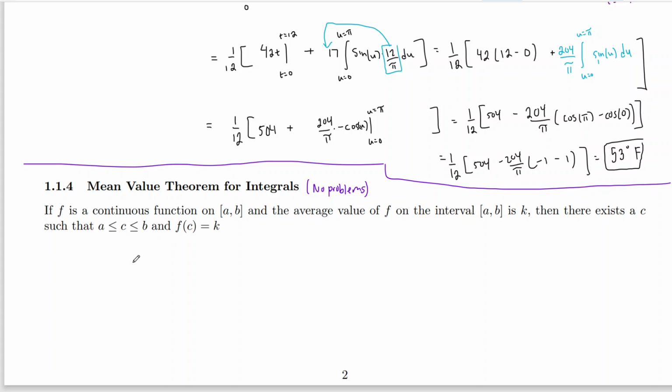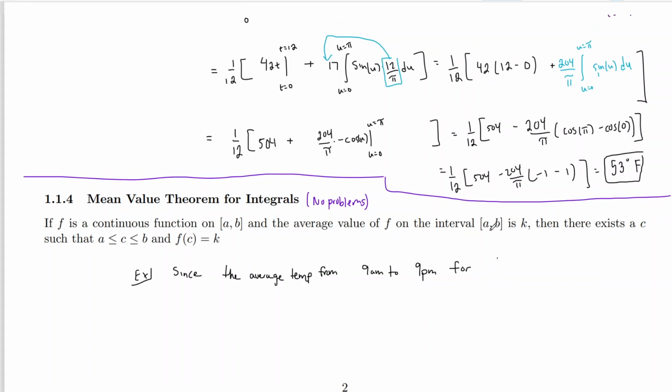Now, what does all this mean? I'll actually use it within the example above. So for the example above, it said the average temperature from 9 a.m. to 9 p.m. for, what was our letter here?